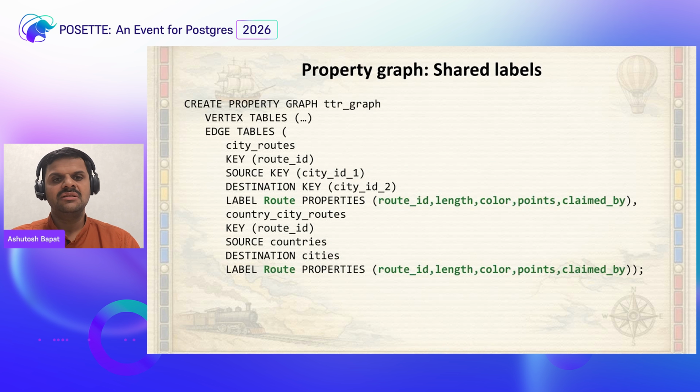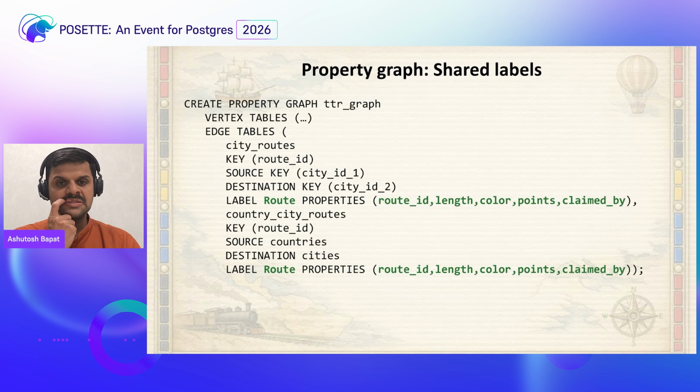Similar to vertex tables, edge tables also have labels and properties associated with them. In this case, we are using the same named label, route, for both the tables. So in SQL PGQ, a given vertex or edge table may have multiple labels associated with it, or a single label may be shared across multiple vertex or edge tables. In fact, we can share one label across vertex and edge tables as well.